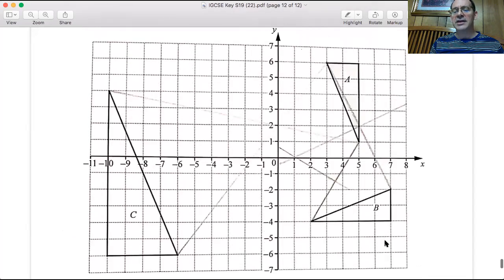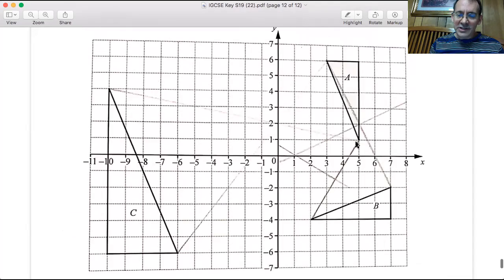To find the center, what you do is you connect corresponding vertices. So this little pointy part of this triangle with the pointy part of this triangle, and you draw that line and you take the perpendicular bisector. Then if you draw, say, this corner would correspond to this corner down here, and you draw the perpendicular bisector of that one.